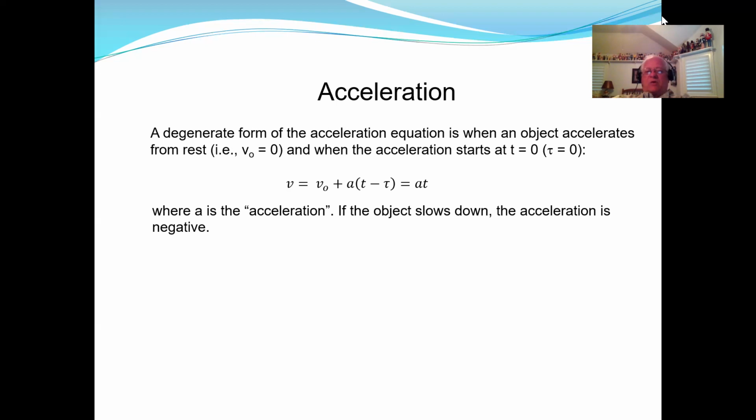So if v naught and tau are both 0, you can see that this more general form of the velocity equation can degenerate down to simply acceleration times time, which is sort of the equivalent to our old friend in the rate equations, distance is velocity times time. Again, that assumes that my d naught, my tape measure, I set to 0 when I start measuring the distance.